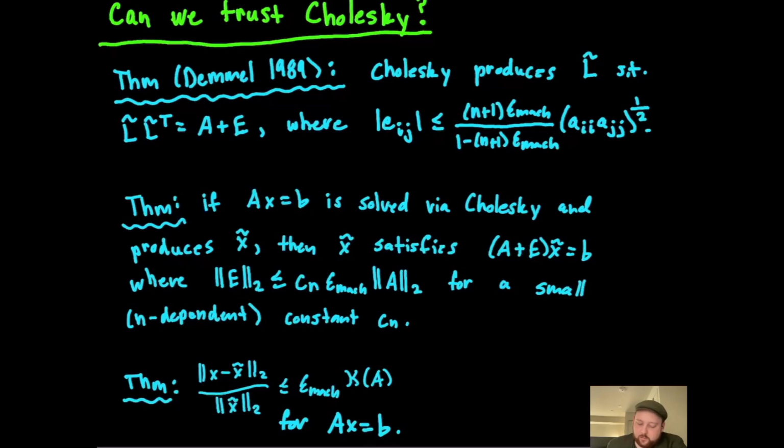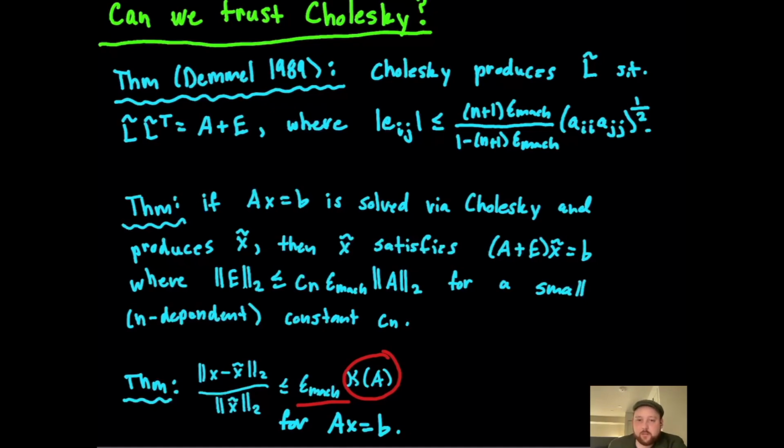Right, you can also get this other relative error bound. If I want to ask how far away, relatively, that x tilde can be from the true solution, which would be x, well, I know that the relative error is bounded above by machine epsilon times the condition number of A. This is pretty much as good as you can hope for.